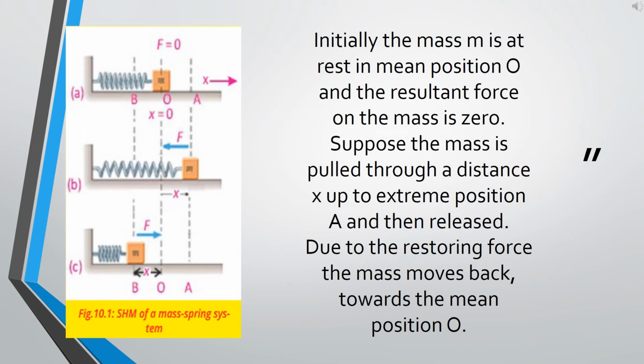Initially the mass m is at rest in mean position O, and the resultant force on the mass is 0. Now suppose that the mass is pulled to a distance x up to extreme position A and then released. Now what will happen? The restoring force exerted by the spring on the mass will pull it towards the mean position O, meaning it will bring it back to its initial position.